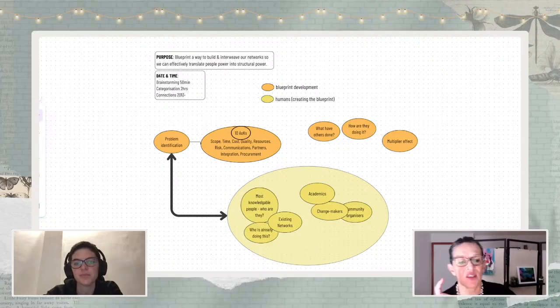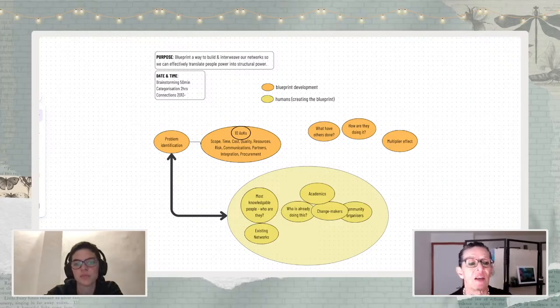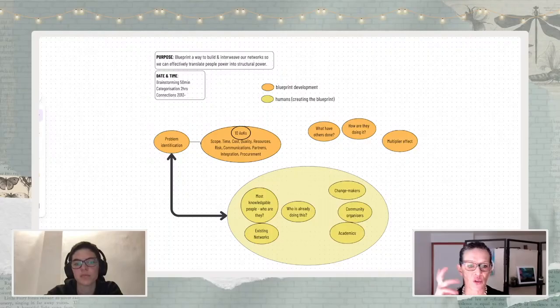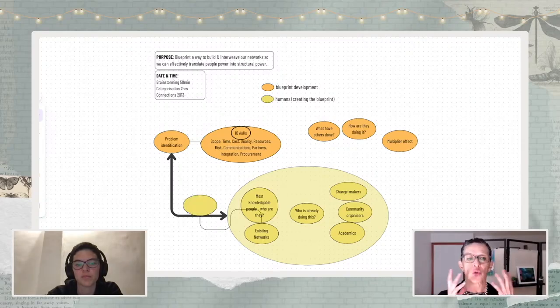And that's something like we could have, if you grab just for a minute, just for the sake of the exercise, a tiny arrow, and then from the most knowledgeable people, because that's where you start with that process. Who are the most knowledgeable people, right? We don't start with, oh, change makers, because then we start jumping back and forth. So we want this to be flexible, but we also want to give some structure to our brain.